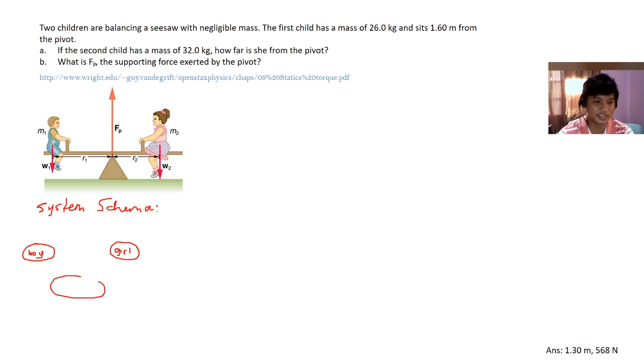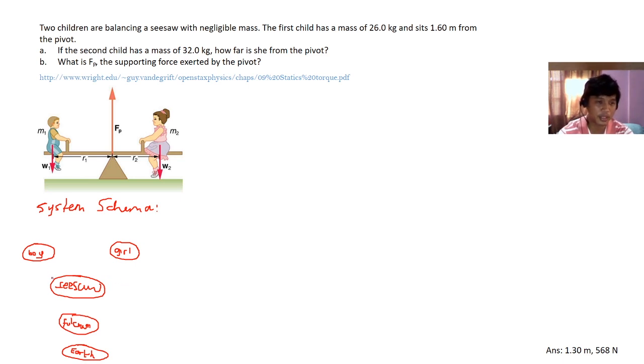We have a seesaw, and we have the fulcrum, or is that a pivot? And of course we have the earth, right? So you're just writing down all the objects in circles, and then you connect these objects and figure out what the force between them is.